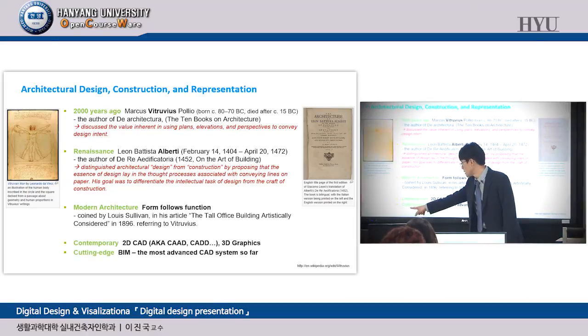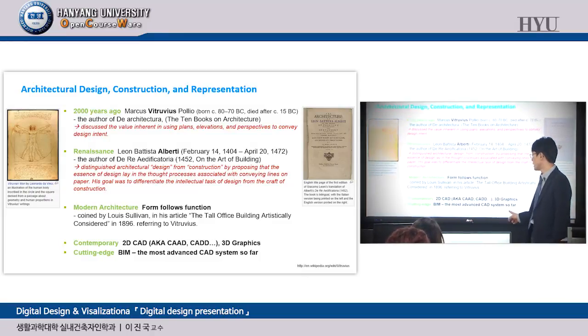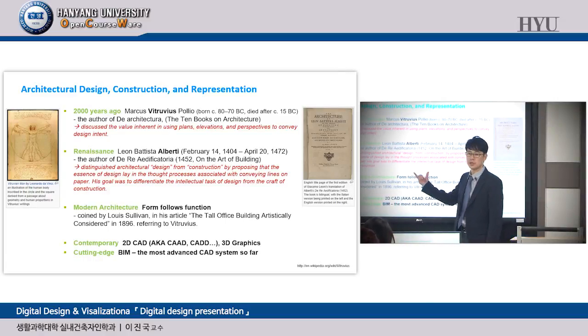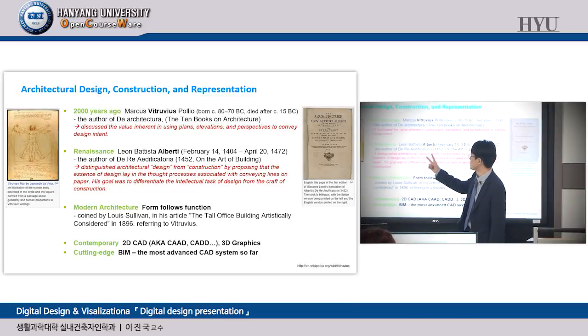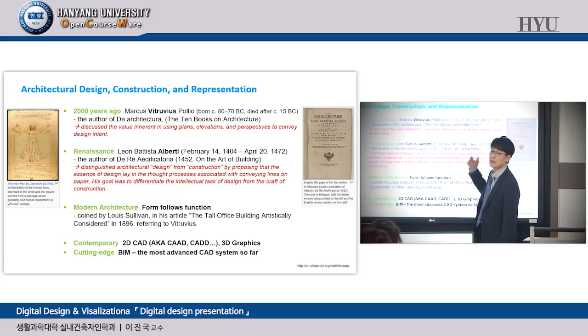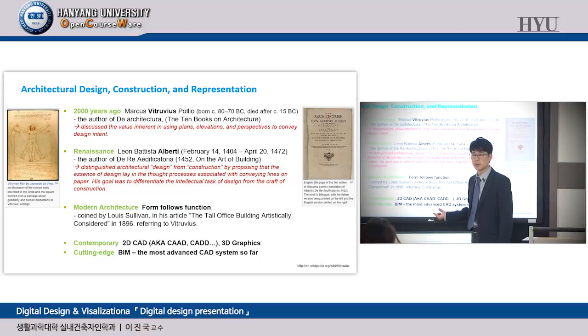But nowadays, the cutting-edge technology BIM is challenging integration of everything. Integration between design and construction, integrating all the regular representations and visualizations of design into an information model, the building information model, okay?